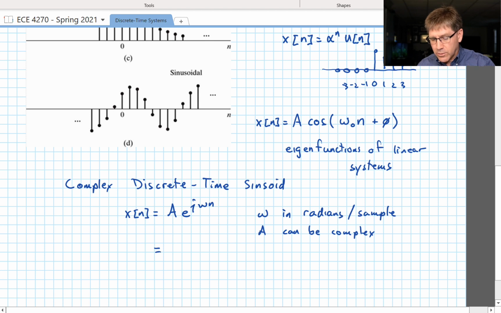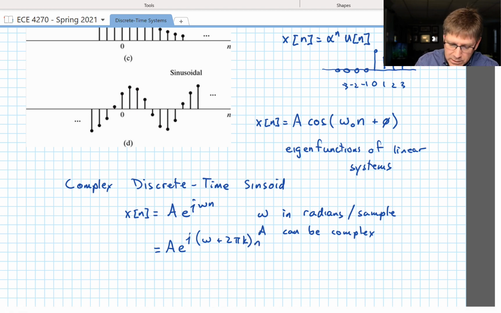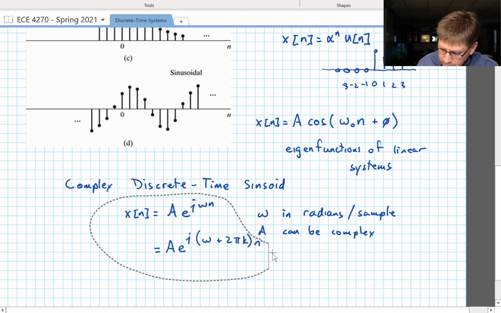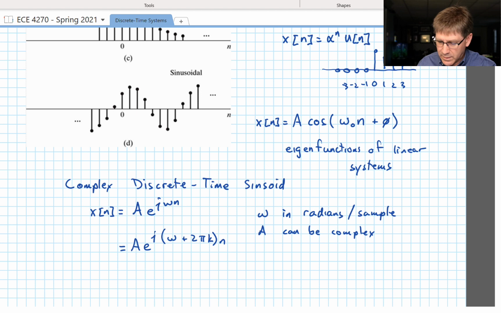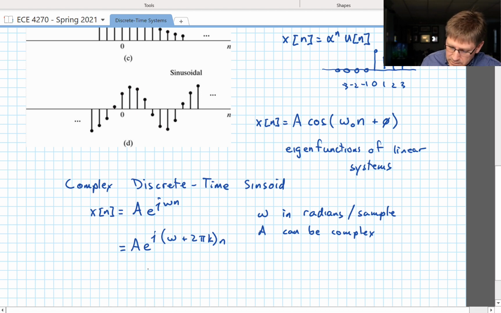But one thing to notice while we're right here is that j is the square root of minus 1. I'm running out of room. Let me scoot this over. There we go. We could get something like this.